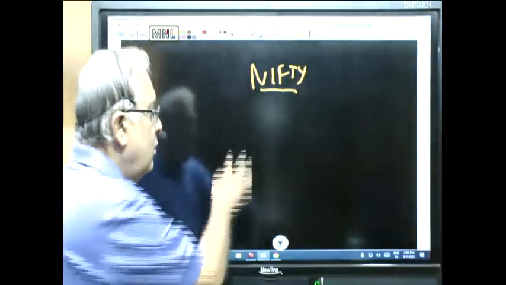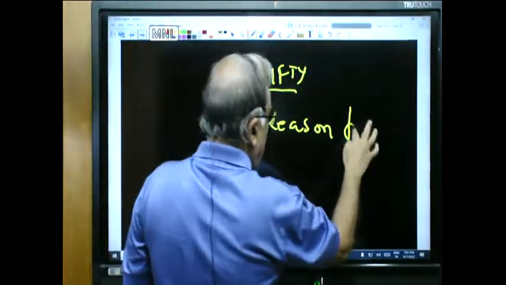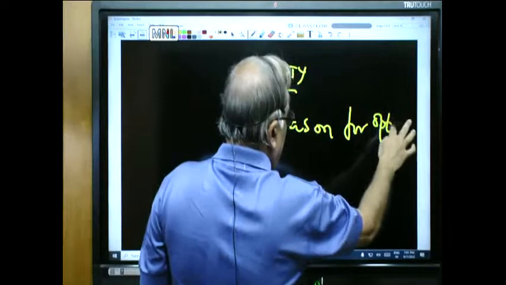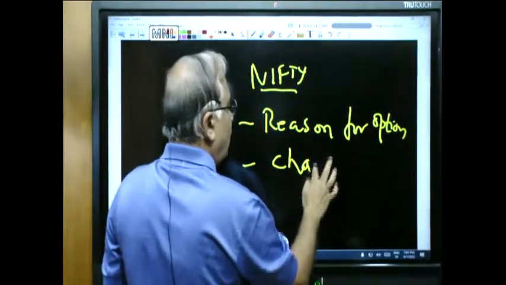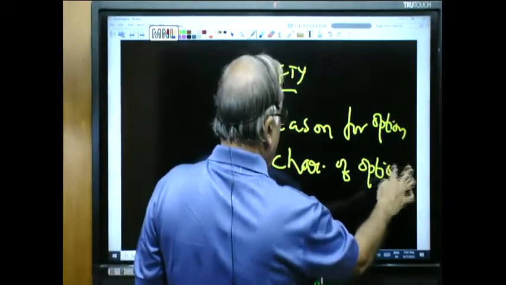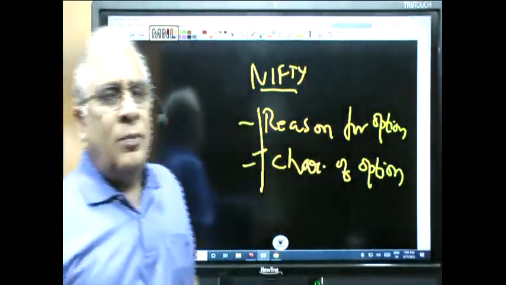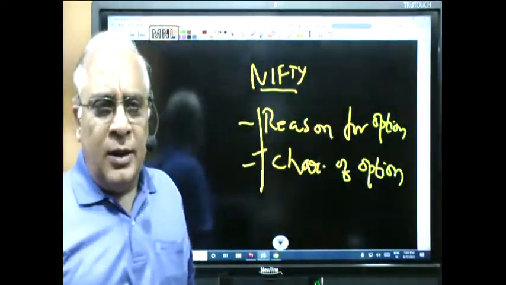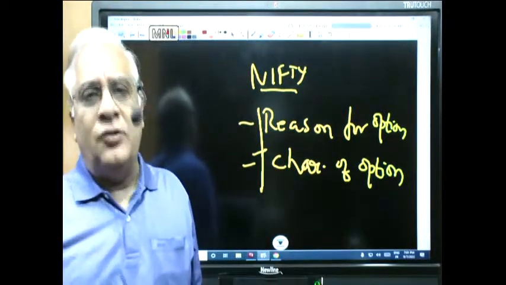So first of all, try to find out the reason for doing the option, and also understand the characteristics of any option, because these are two important things. Without this knowledge, if you enter into it, you may get results which will not be acceptable to you, and you will find it difficult to digest that result also.